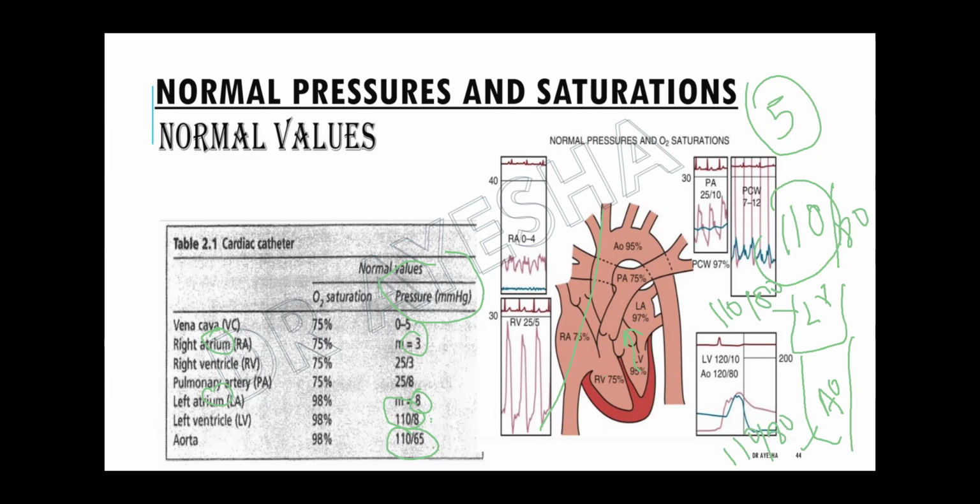But if there is a midway obstruction, stenosis, for example aortic stenosis or valvular stenosis, the pressure will not be the same. There will be a difference.